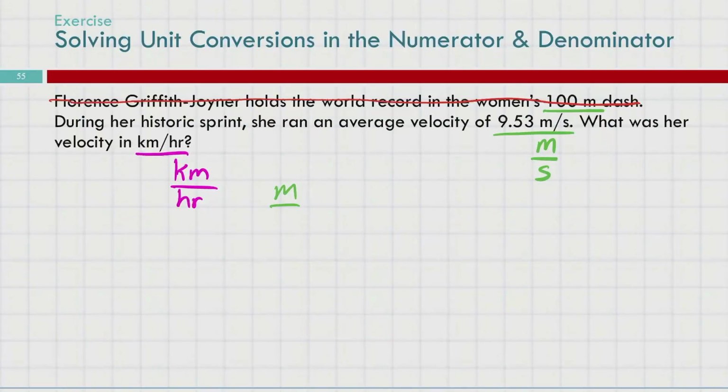So going from meters per second to kilometers per hour, we've got a couple of things to convert. What's one thing that we can convert? It's a step that we can start with. Do we want to convert meters first or seconds first? It doesn't matter. It's our choice.